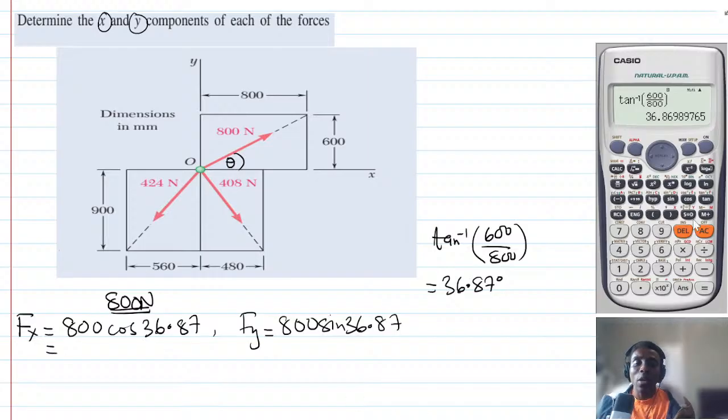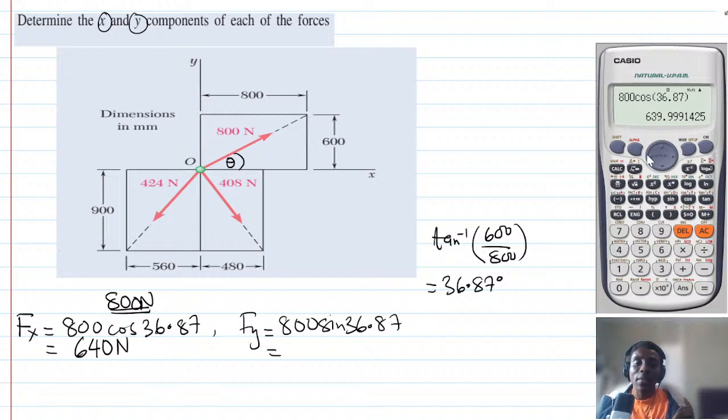And that's basically, so 800 cos 36.87 gives us 639 point, so let's say 640 newtons.